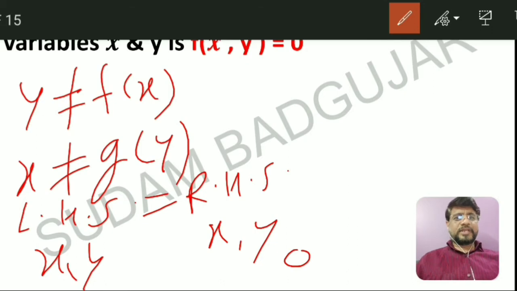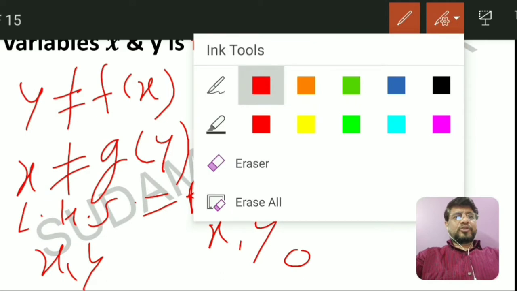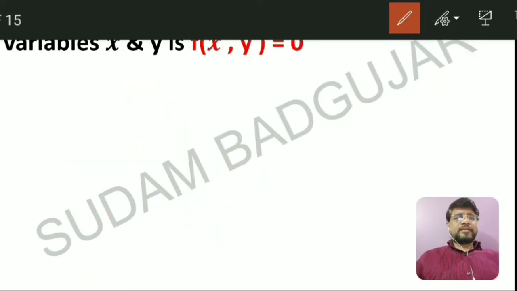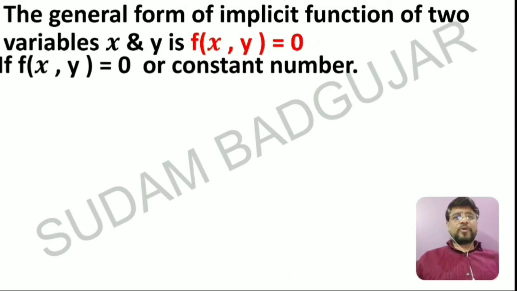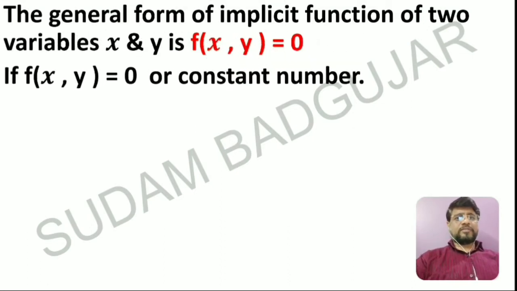Then how do we differentiate an implicit function? Now I will show you a shortcut trick for finding the derivative of an implicit function. Suppose the function is f(x,y) = 0 or a constant number. The RHS is always a constant or 0. If the RHS contains x and y terms, you have to transfer them to the LHS.